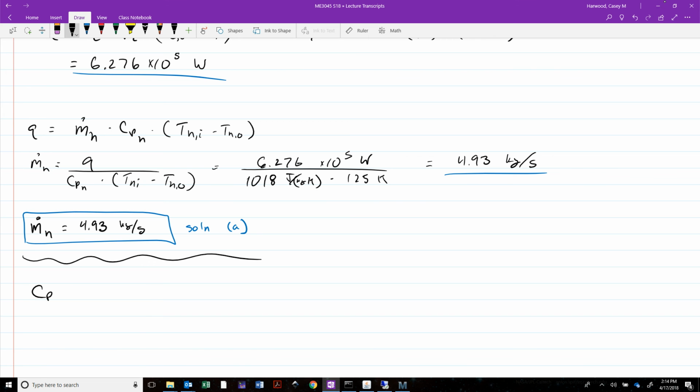So Cp dot m dot for the cold fluid is going to be equal to 4184 joules per kilogram Kelvin times 3 kilograms per second, which works out to 12,552 watts per Kelvin.